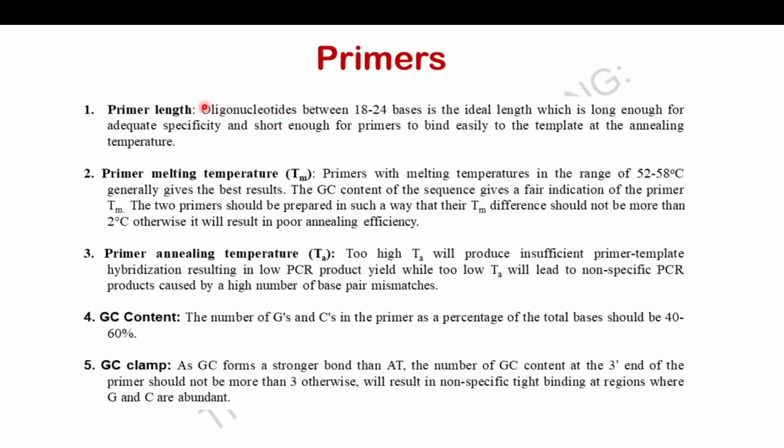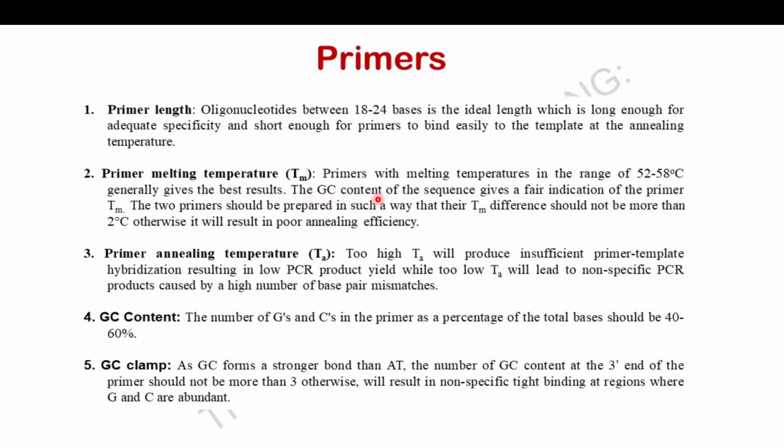Now, when we talk about primers, primers are basically oligonucleotides of 18 to 24 bases in length, and they should have a particular melting temperature in the range of 52 to 58 degrees Celsius. Depending on the sequence of your gene of interest, the melting temperature can slightly vary as well, differing from 52 to 58 degrees Celsius depending on the content.